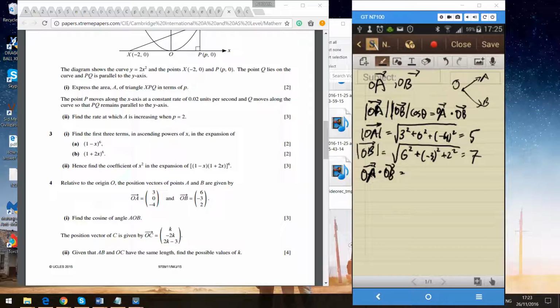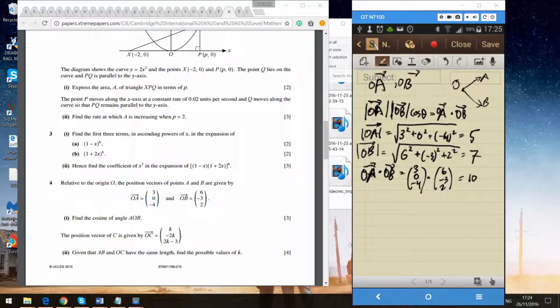And the dot product of OA and OB is given by (3, 0, -4) dot product with (6, -3, 2). And that's 18 plus 0 minus 8, that's 10.